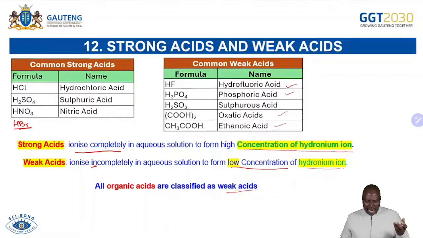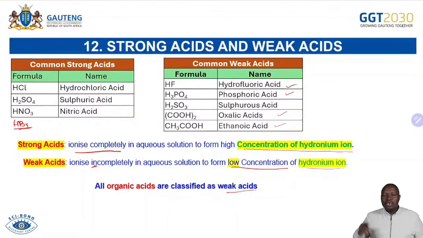Hence we are saying these are weak acids, because the strength of the acid depends on how easily you can ionize or produce your hydrogen ion. So it's not easy for these organic acids to produce the hydrogen ion. Hence we are saying they are weak acids. So don't be confused when under organic molecules we said they have the strongest intermolecular forces.